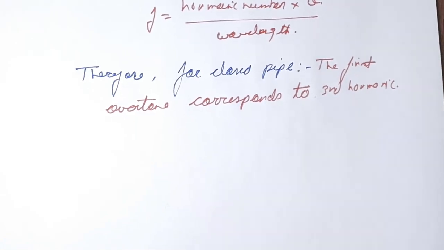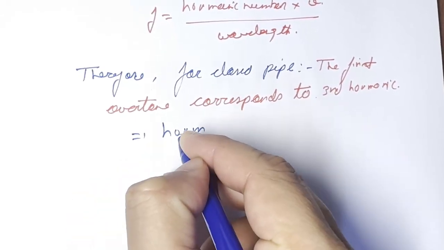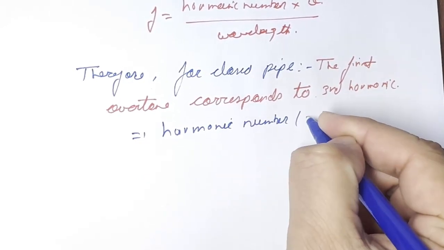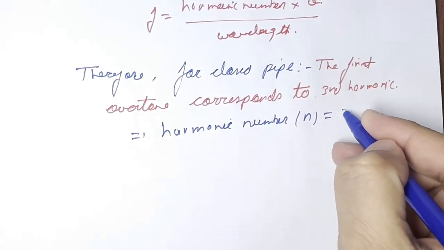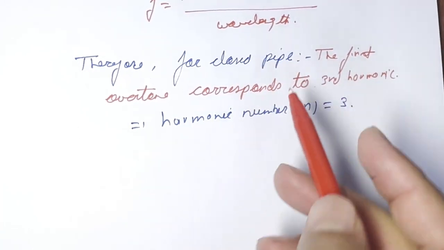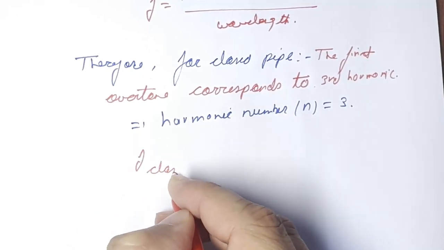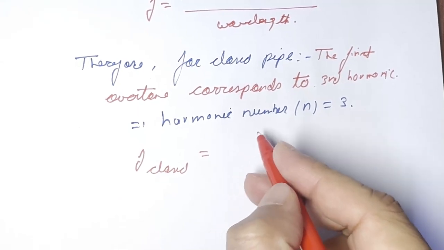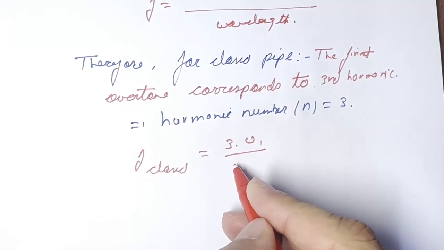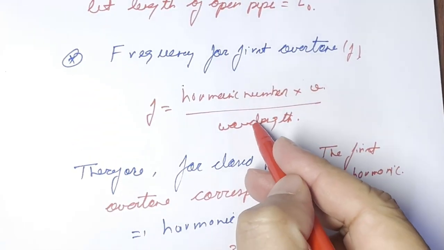Therefore, we can say the harmonic number, which is represented as n, will be equal to 3. Therefore, we can write the formula that F closed will be equal to 3 multiplied by velocity V1, divided by 4 multiplied by L. Sorry, it's not wavelength but length. My mistake.